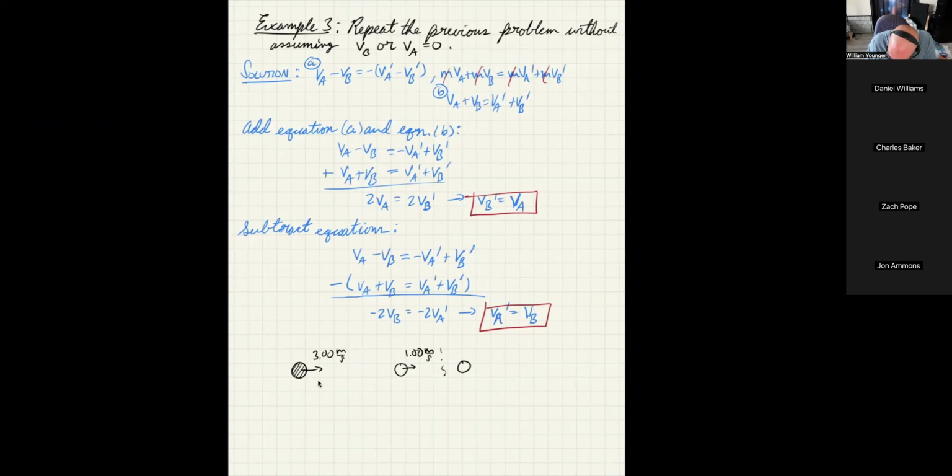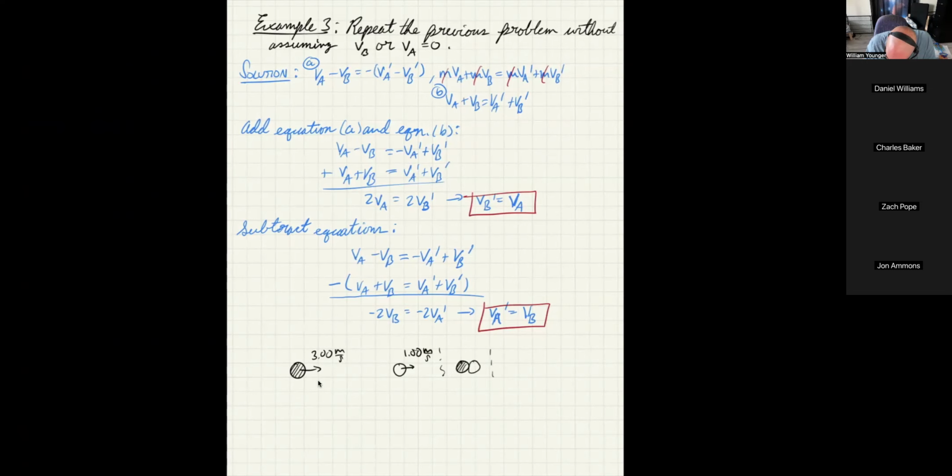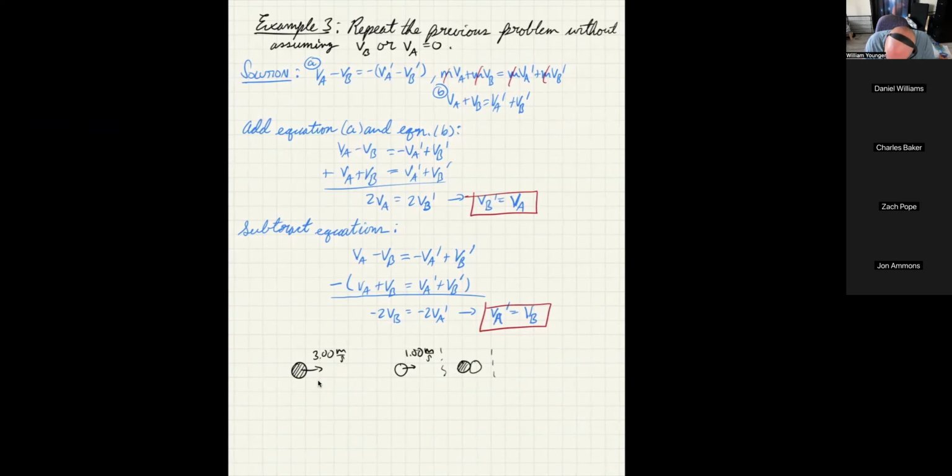Then they're going to collide, and then they're going to go off. And this time, what's going to happen is this ball is now moving with a velocity of 1.00 meters per second, but this one is moving with a velocity of 3.00 meters per second. So that's what happened with that one. Anybody have any questions on that? Does that make sense?